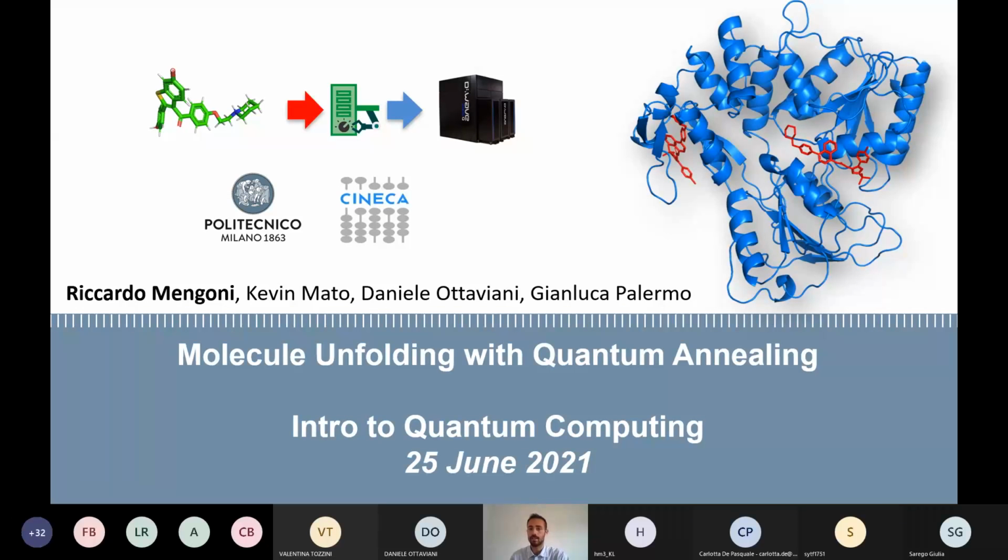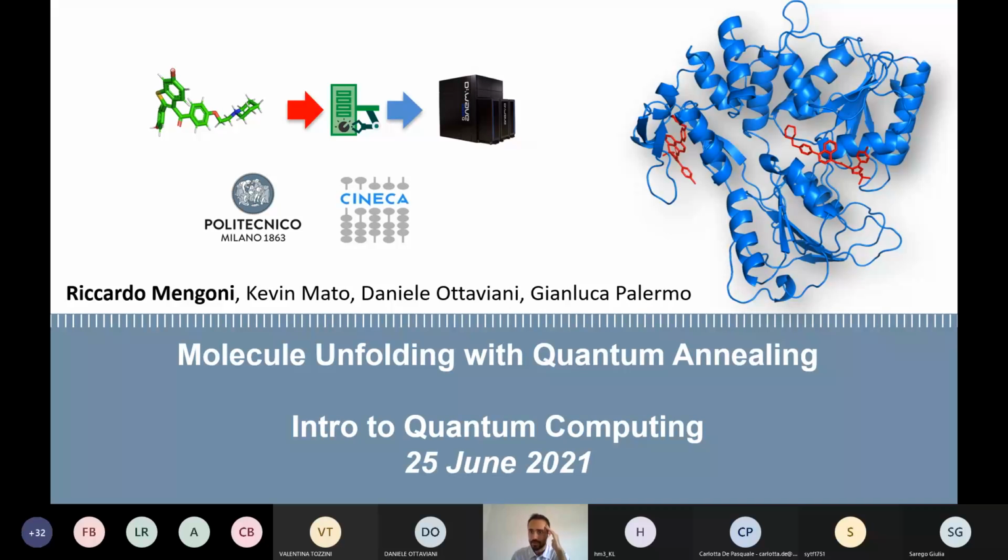So computers like the IBM computer or the Google quantum computer are gate model quantum computers. My idea is that right now, however, these devices are still prototypes.